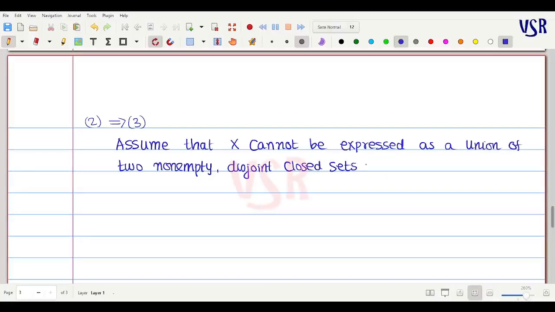That means X cannot be expressed as two non-empty disjoint closed sets ஆக எழுத முடியாதுன்னு வச்சுக்கிறேன்.